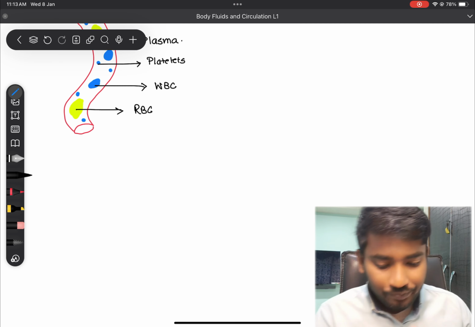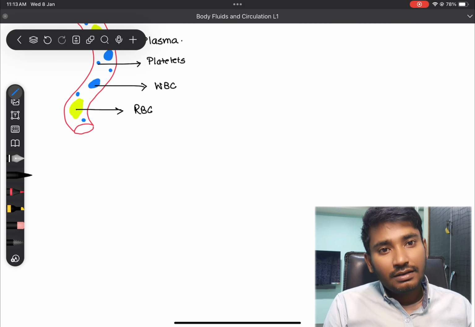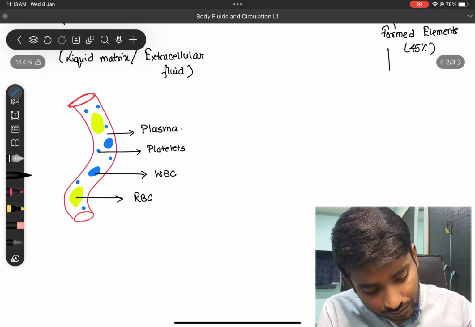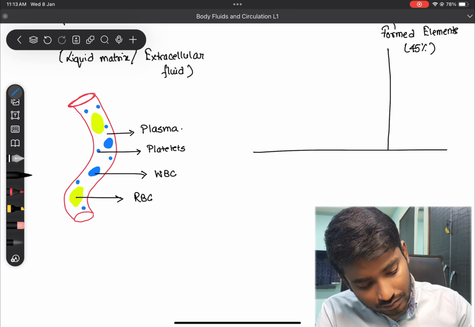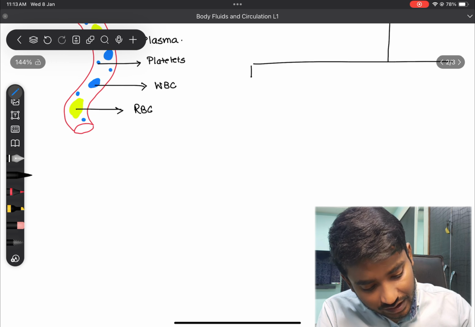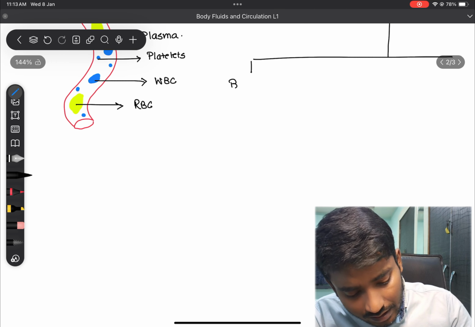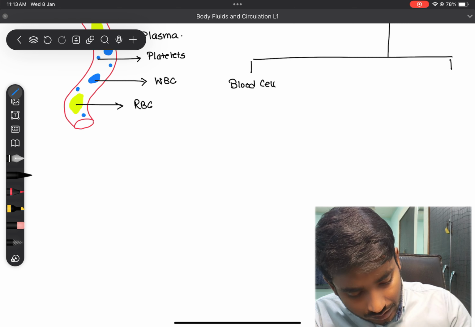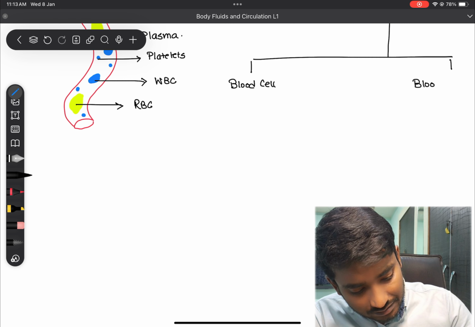The formed elements can be differentiated into two: one is blood cells, two is blood platelets.